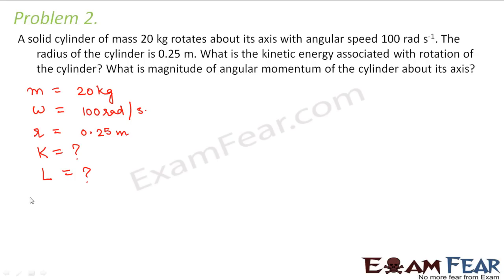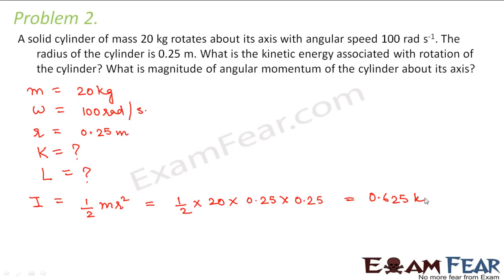First of all, let us calculate the moment of inertia. The moment of inertia for a solid cylinder is equal to half mr square. So this becomes half into m into r square, that is 0.25 into 0.25, which comes out to be 0.625 kg meter square. So this is the moment of inertia.